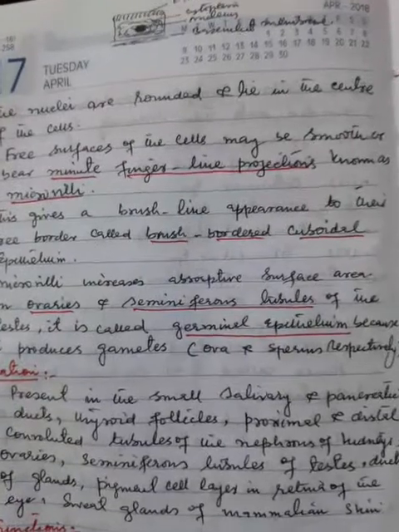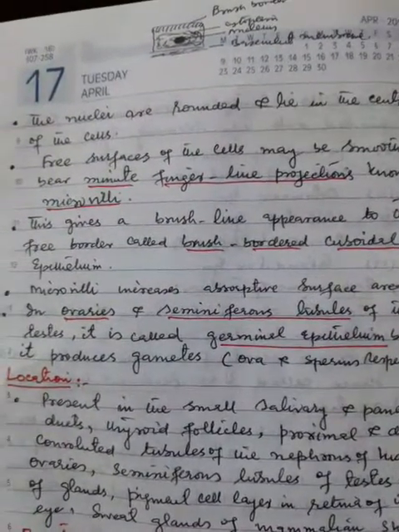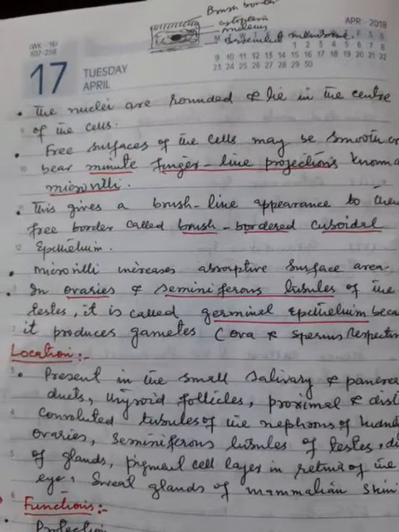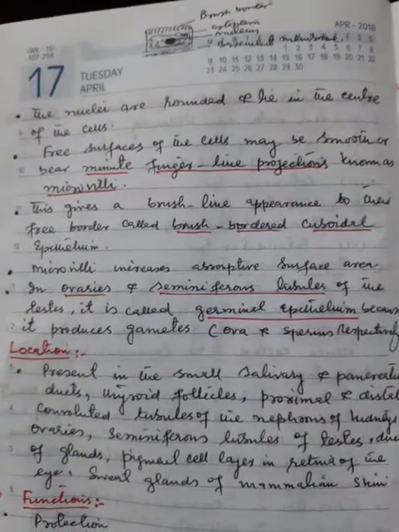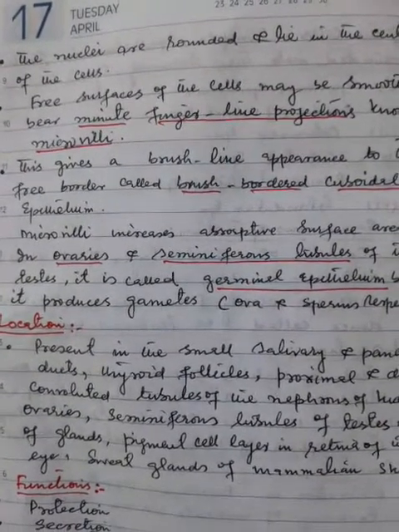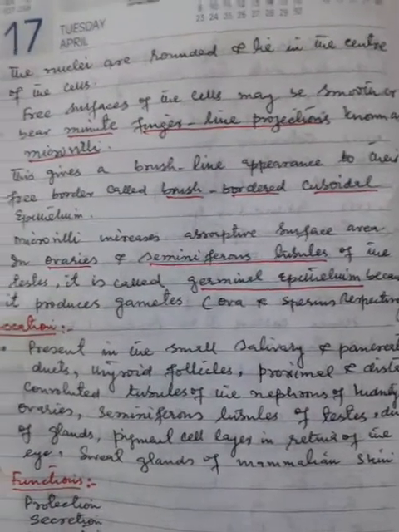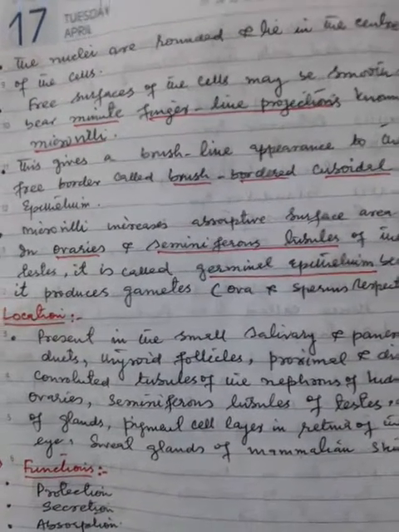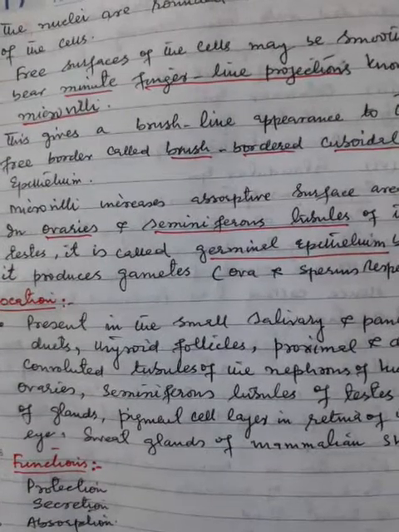The nuclei are rounded and lie in the center of the cells. Free surfaces of the cells may be smooth or bear minute finger-like projections known as microvilli. This gives a brush-like appearance to their free border, called brush-bordered cuboidal epithelium.